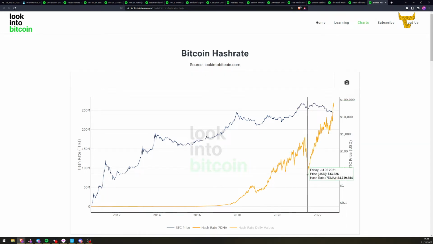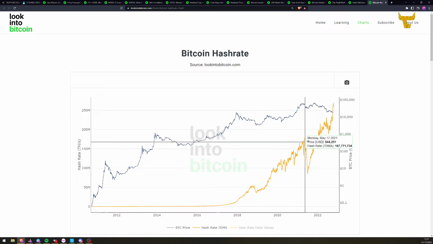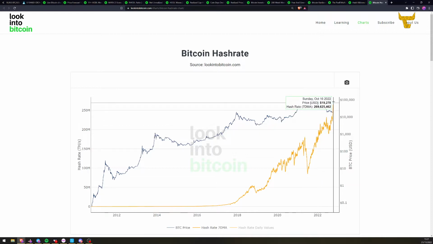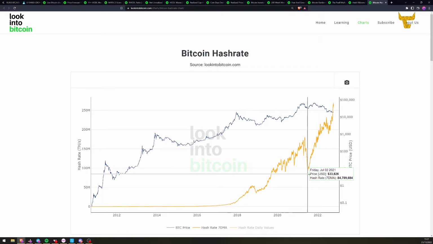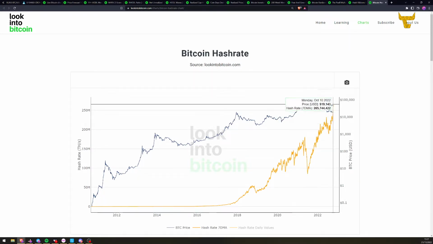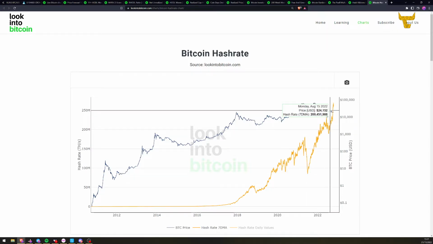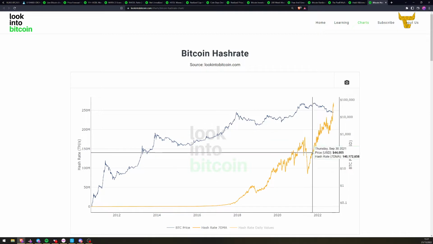Since then, we are a lot higher than prior to the ban. I mean, we went from 180,000 to 270,000 on a low at 84. So a significant increase, and it never stopped increasing even since we topped.